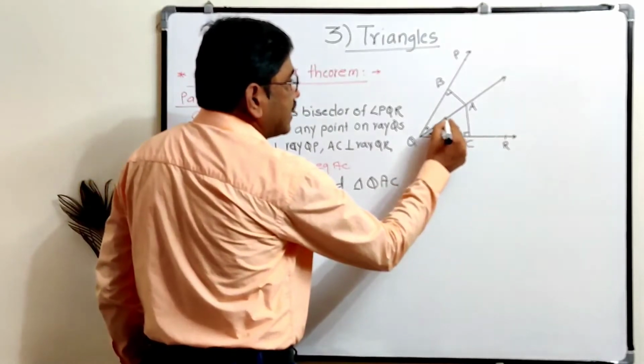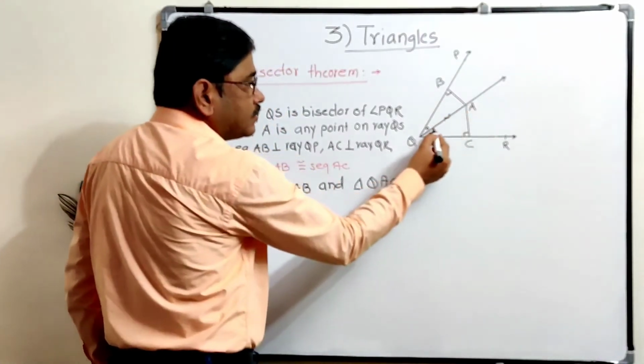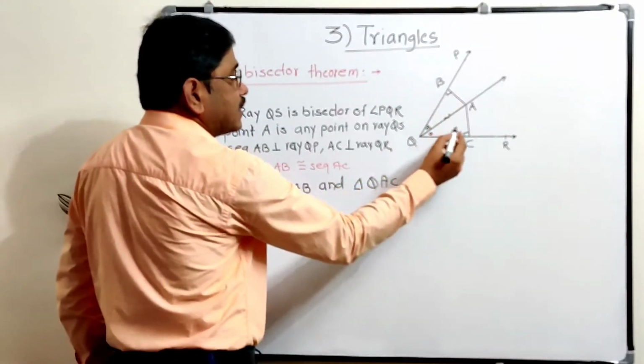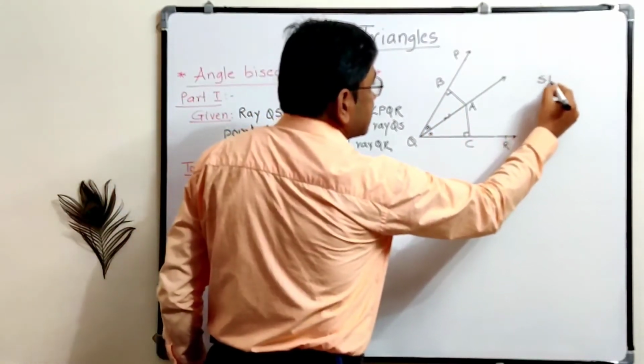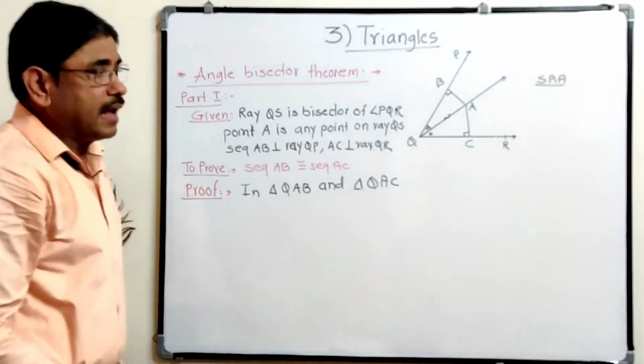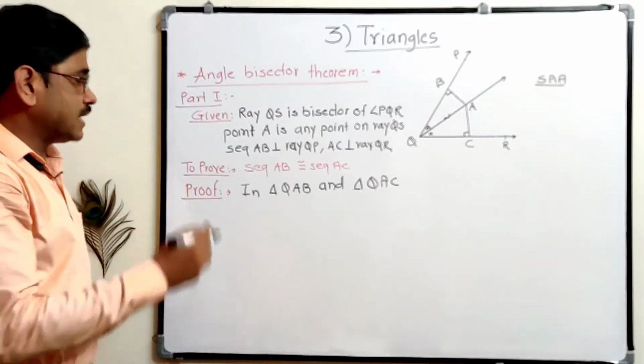This is one side, an angle adjacent to that side, and an angle opposite to that side. So we have one test, SAA or AAS, the side angle test. In 8th standard we studied that test.